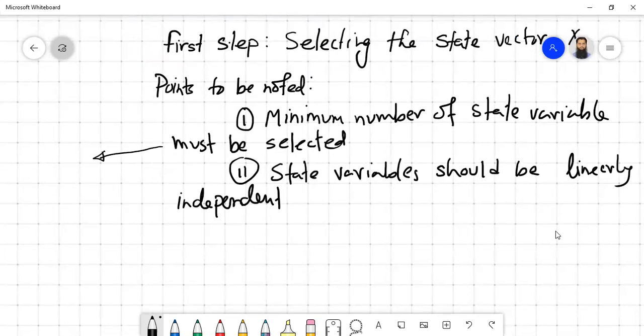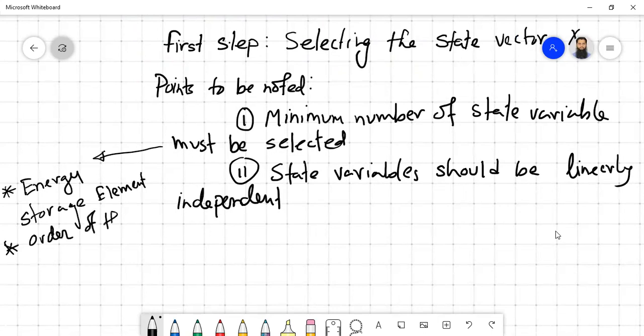We said that it is the number of differential parameters, or in other words, energy storage elements, or the order of the differential equation of the system.